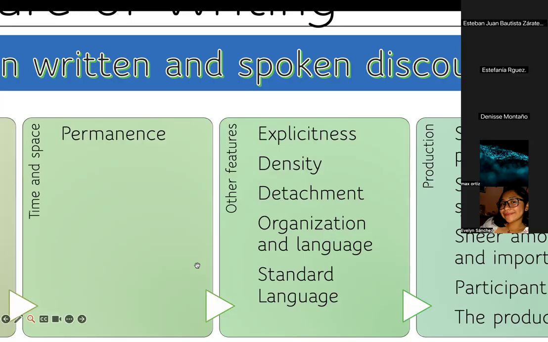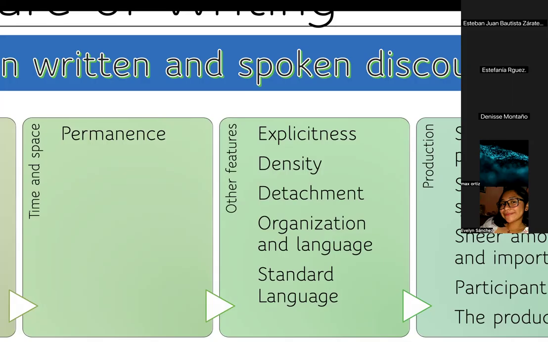And this is also linked with organization and language. Language, in this case, means the words, the vocabulary you are going to employ, and is also associated with the register. That is, whether the written text is addressed to a person you don't know or to a friend. But no matter if you employ a high or low register, the text must be ordered in a logical way.